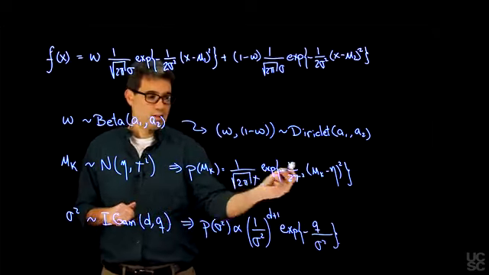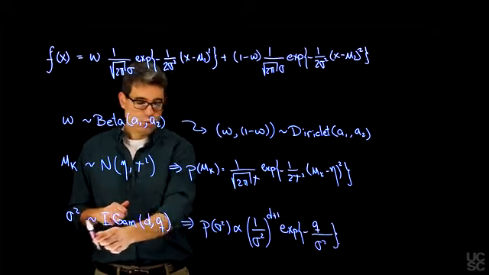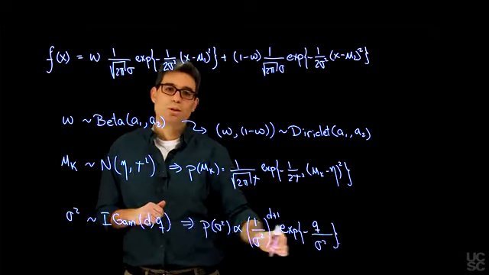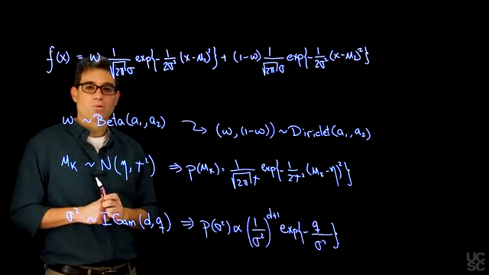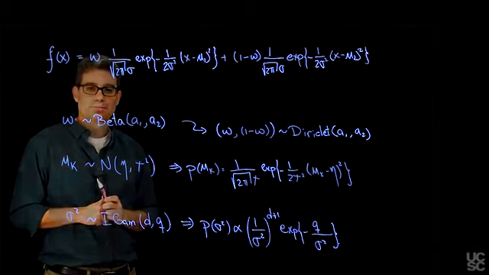And again, just like in the case of the means, for the variances it's going to be extremely computationally convenient to use this type of conditionally conjugate prior.